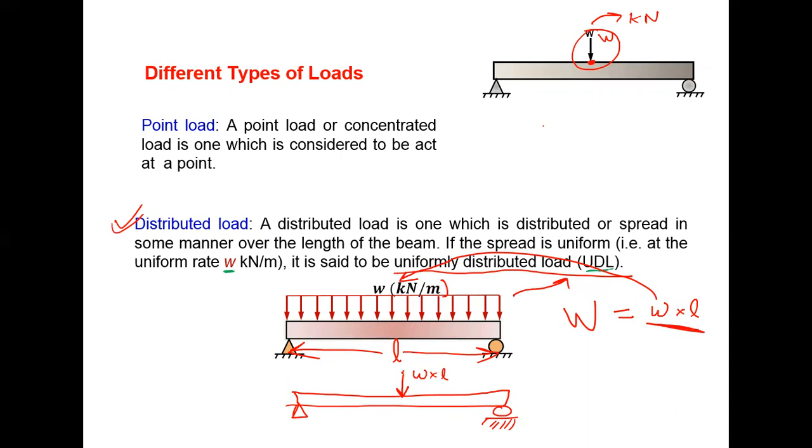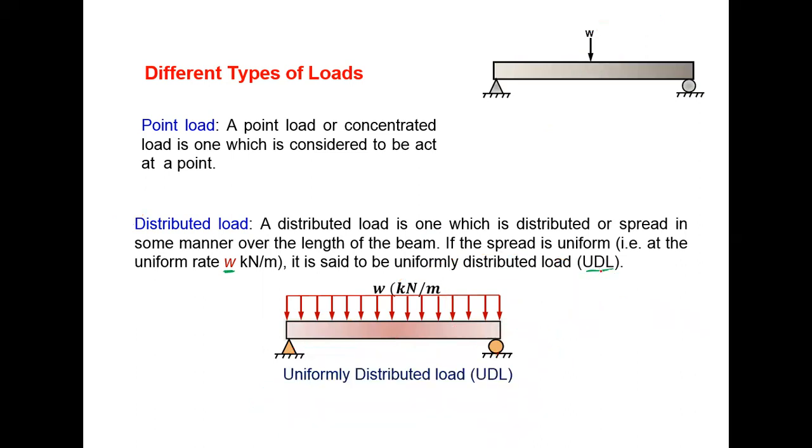If you are placing this load at the center of the UDL, because UDL is distributed across the complete length, its center will be the middle of beam. So if you apply this total load at the middle as a point load, then you can say that this situation is same as the situation shown here. I hope it is clear.